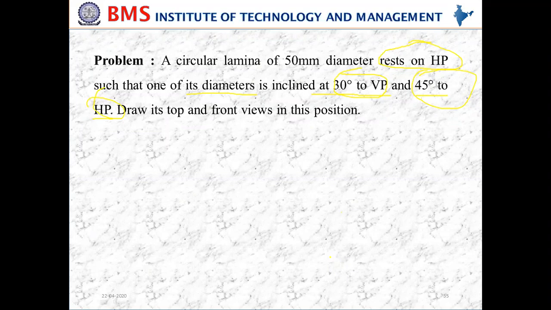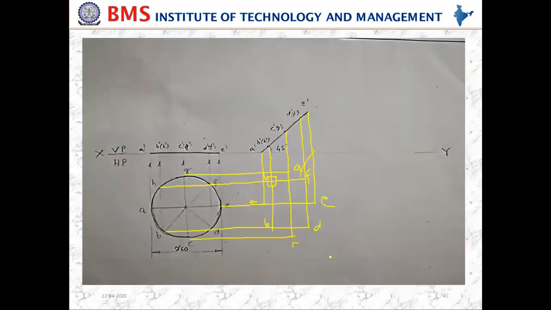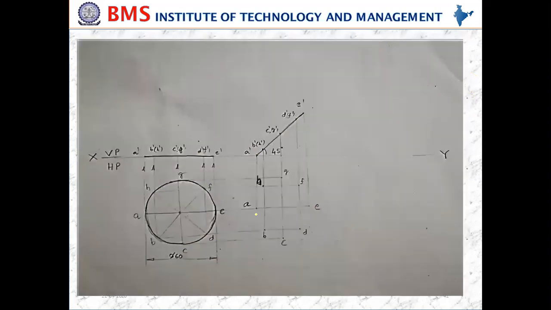The diameter which I obtained in the second question, this AE, means the diameter which is inclined to HP at an angle of 45 degrees, the same diameter makes 30 degrees to VP. But for the diameter in the second position, this AE represents the apparent length.